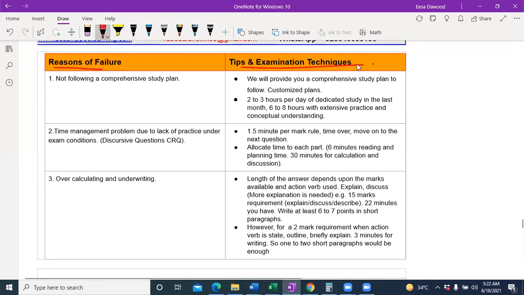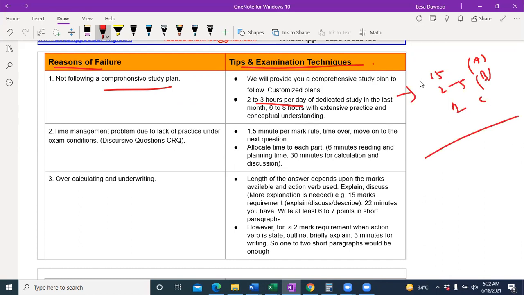Now, reasons for failure and tips and tricks. Not following a comprehensive study plan. I told you to dedicate 2 to 3 hours per day initially, and later on, depending upon your aptitude, 8 to 10 hours before your exam, in which you need to do very good practice daily, starting from 15 Section A questions, 2 to 5 Section B type questions, and one Section C type question, and later on moving from 5 to 15, then 15 to 20, and then 5 to 10, and then at least 3 to 4.